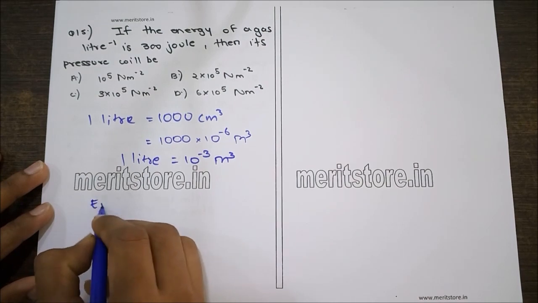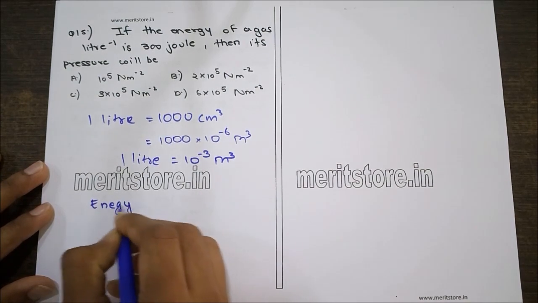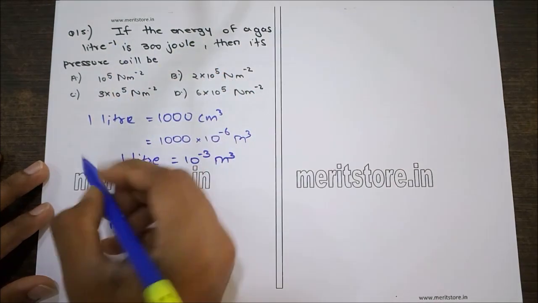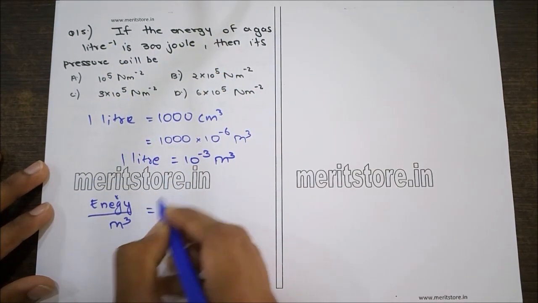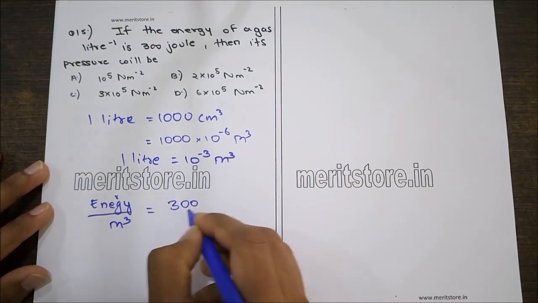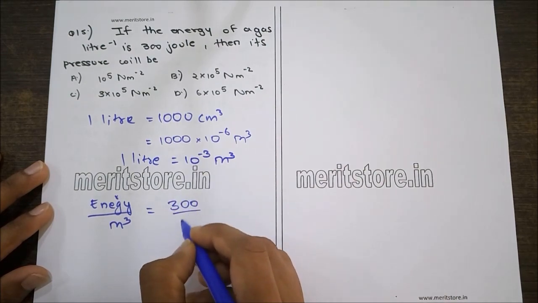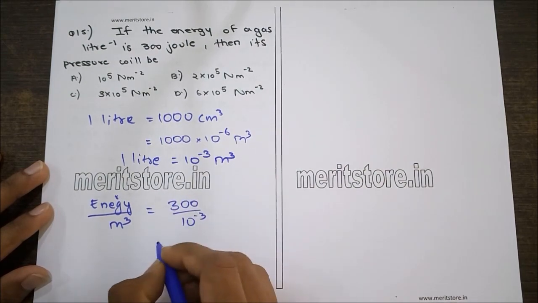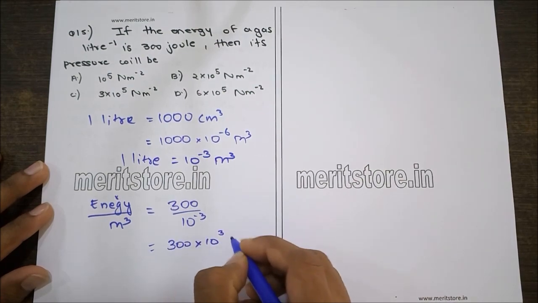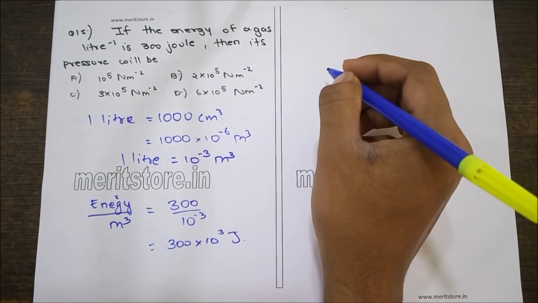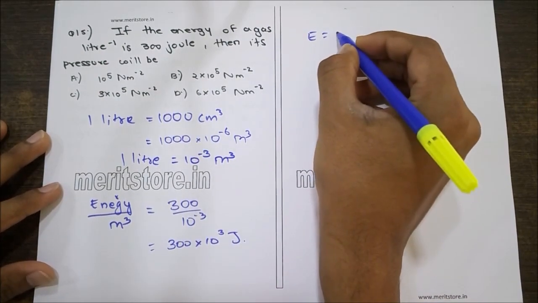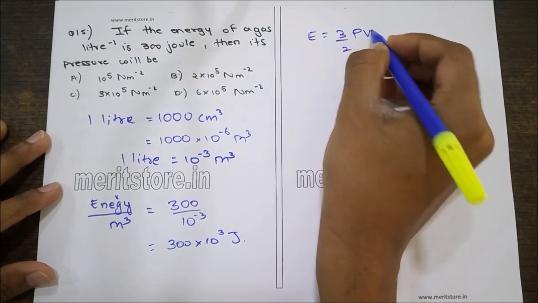Now energy per meter cube, since energy per liter can be written as energy per meter cube, is given as 300, but since 300 is per liter, so per meter cube would be 300 into 10 raised to 3 joules. Now the formula for kinetic energy is given as 3 upon 2 PV.